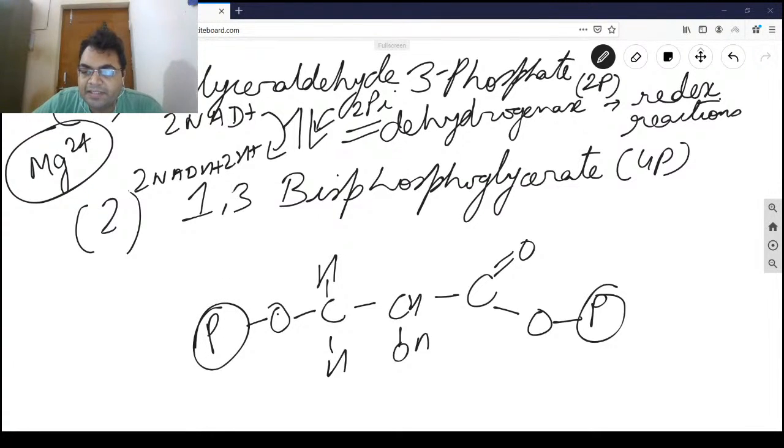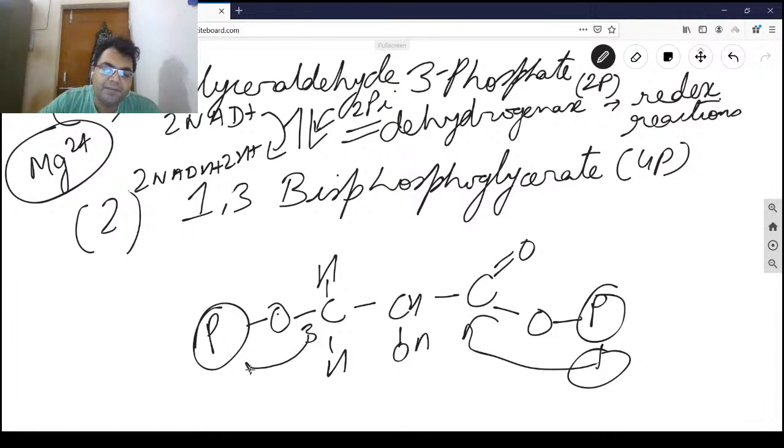So glyceraldehyde 3-phosphate is the same as 1,3-bisphosphoglycerate, but at the first position, that hydrogen is taken out. In glyceraldehyde, you have H here. You don't have this one. So here H is taken out and OP is added. So you have a phosphate on the first carbon and on the third carbon. So this is your 1,3-bisphosphoglycerate. This looks like this molecule.